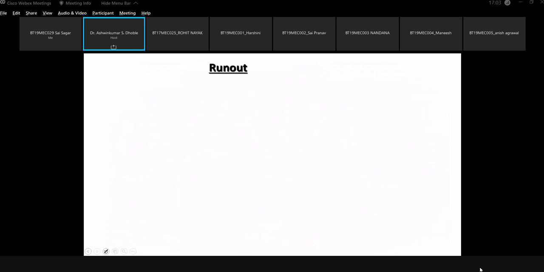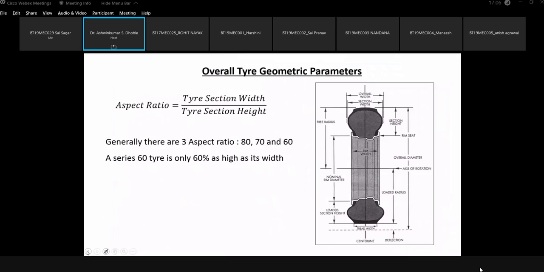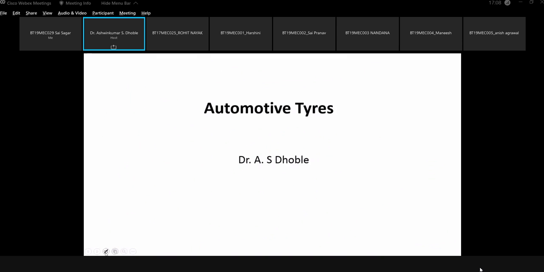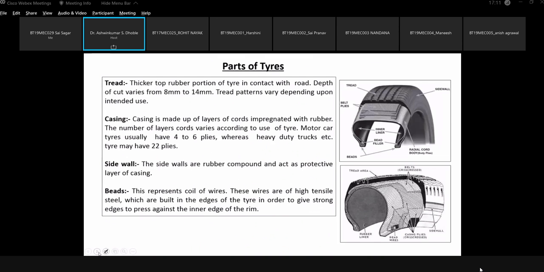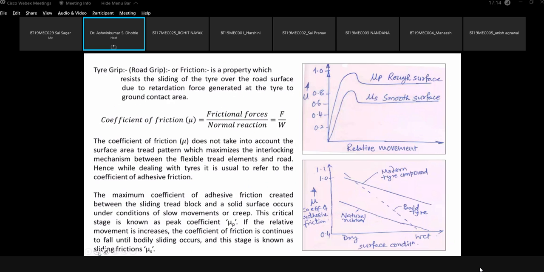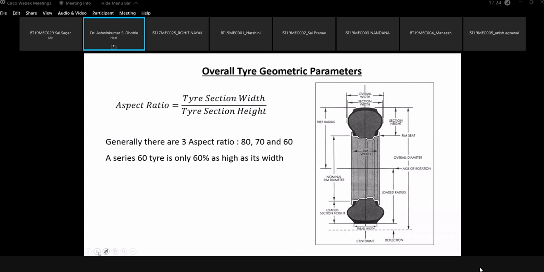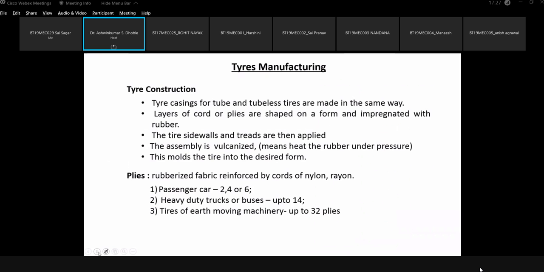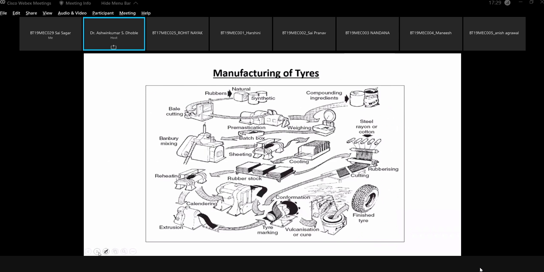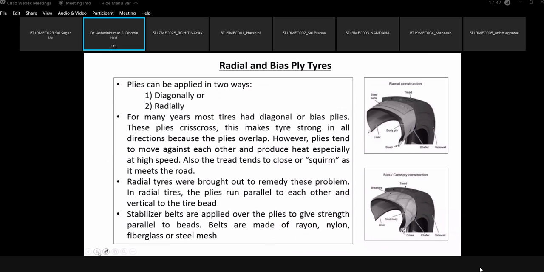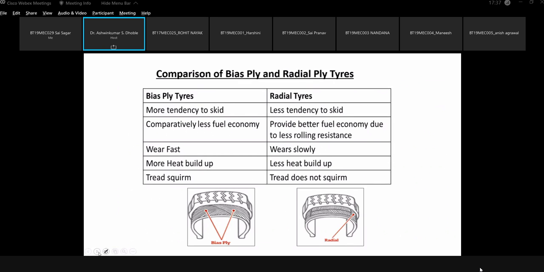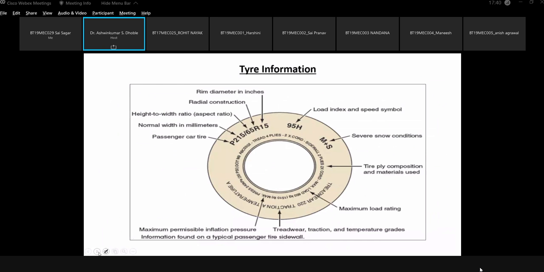Right from the first slide, we have seen what are the functions of the tire, then parts of the tire, then the coefficient of friction, how it changes, then theory of adhesive friction, the tires with tube, tires without tube, what is the difference, which one is good, then the designation of the tire, then the tire construction, we have seen the video as well for the tire construction, then the radial and bias ply tires, what is the difference between radial and bias ply, which tire is good, that we have seen, then comparison of radial and bias ply tire.